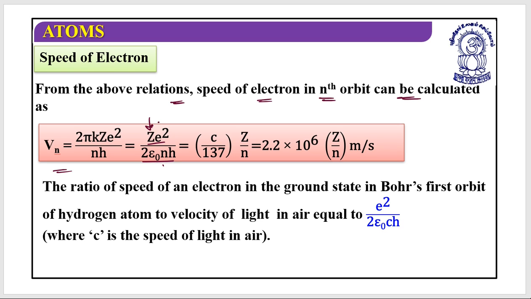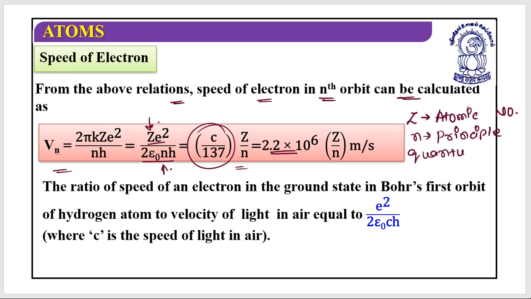If I keep aside Z and n, this will equal to c by 137, or 2.2 into 10 to the power 6 multiplied by Z by n, where Z is the atomic number and n is the principal quantum number. So this will be the situation. This is equals to c by 137, or 2.2 into 10 to the power 6. I hope this is clear.